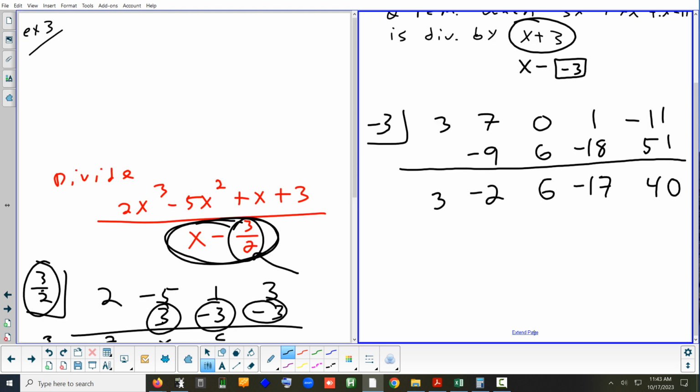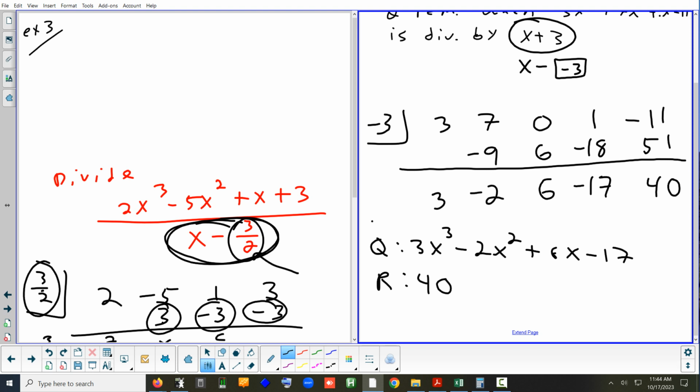Excellent. Now let's write quotient and remainder. Well, what's my remainder? Okay, so remainder is 40. What is my quotient? 3x cubed minus 2x squared plus 6x minus 17.